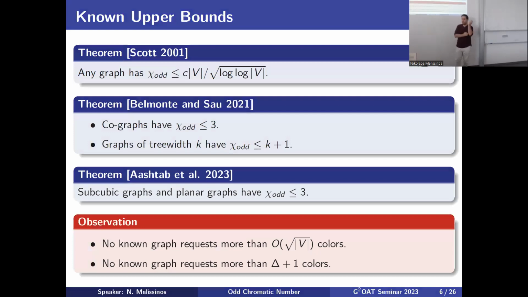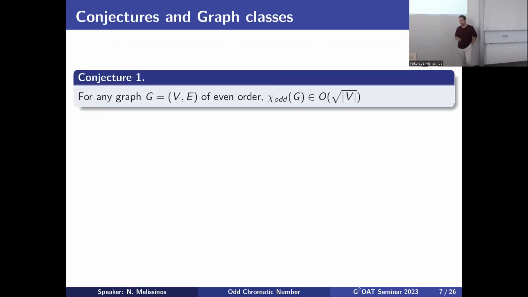Now, if you relate this with the previous observation that we don't have actual examples where we need more than square root of n colors, and no graphs that require more than maximum degree plus 1 colors, then this leads to 2 interesting conjectures already stated by Scott in 2001.